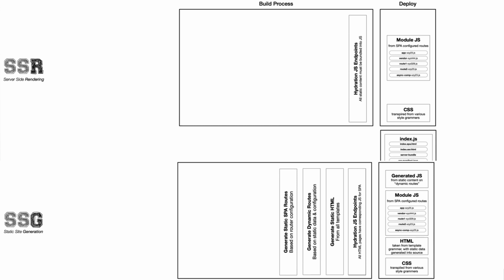Same goes for dynamic routes, and then generate the actual HTML. So those 3 things are sort of happening in the SSR side as well. But the logic for that is getting embedded into the server process in the SSR, whereas here you're basically embedding it largely into the HTML files.